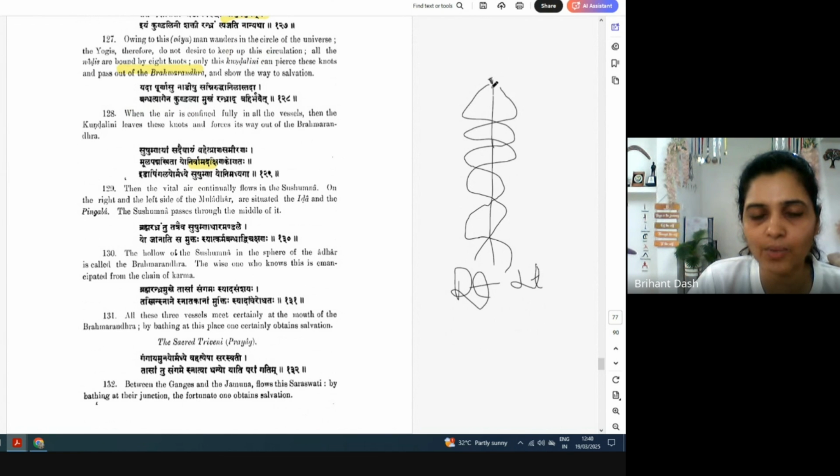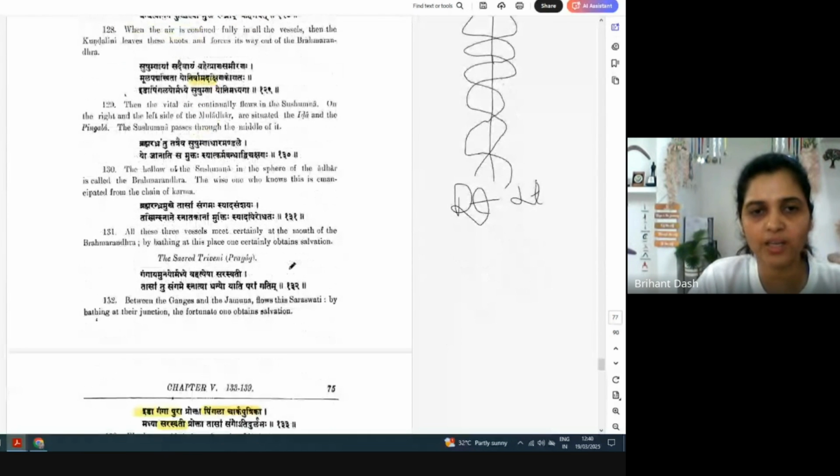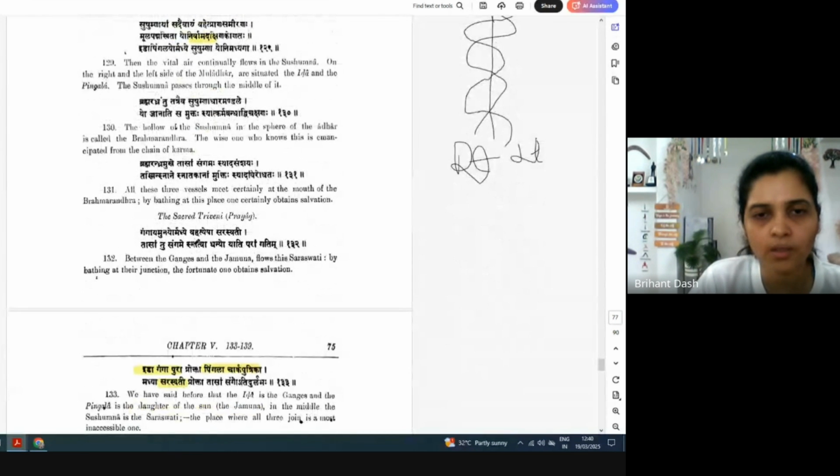The places they meet are the knots, and scientifically they are the neurological bundles, and there lie your chakras. Now we are talking about the Triveni Sangam. Ganga, Yamuna, Madhya, Saraswati. So Ida is your Ganga, Pingla is your Yamuna, and your Shushmana is the Saraswati.